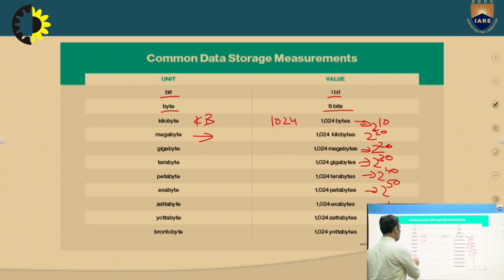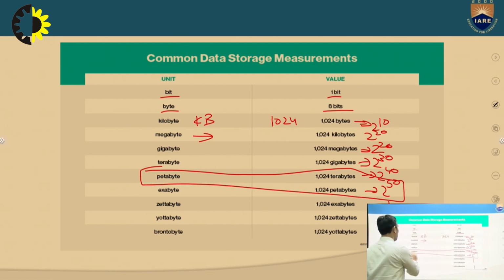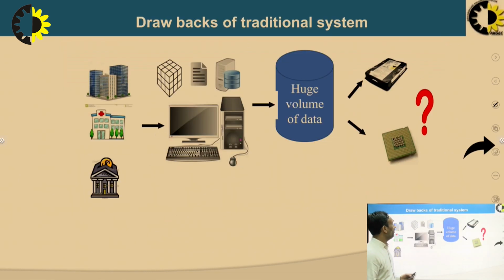We are talking about petabyte data, that is 2 to the power 50, or we can say 1024 terabytes of data. When we manage such a large size of data for any analysis purpose, we use different techniques to analyze this data, because the traditional approach for managing data is not possible to handle such a large size of data.